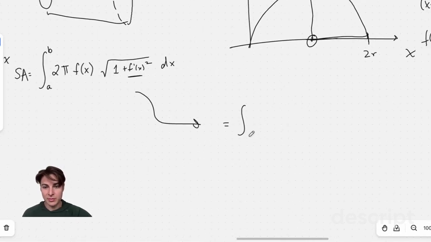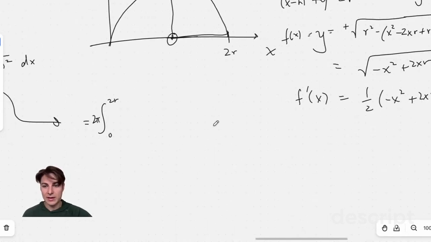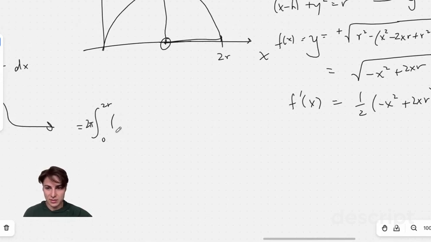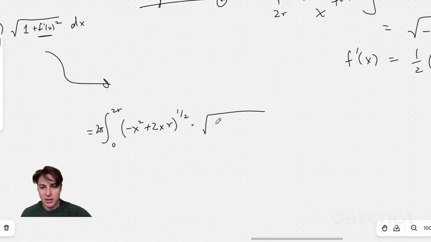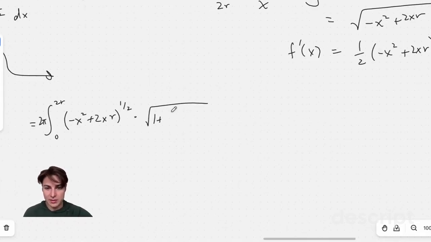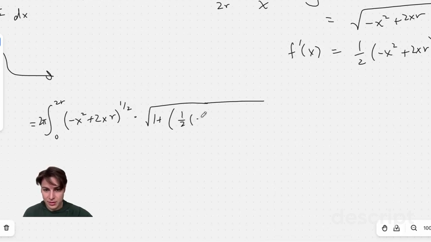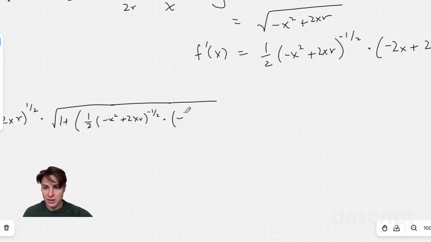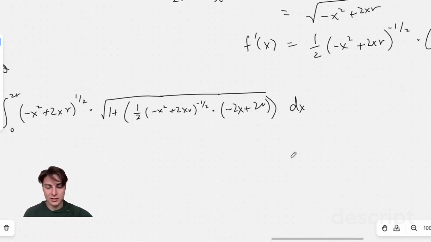So integral from 0 to 2r, we can bring the 2 pi out front, and then our f of x we have as, I'll just put it in terms of 1/2, so (negative x squared plus 2xr) to the 1/2 times 1 plus all this, 1/2 (negative x squared plus 2xr) to the negative 1/2 times (negative 2x plus 2r). Great, and dx at last.